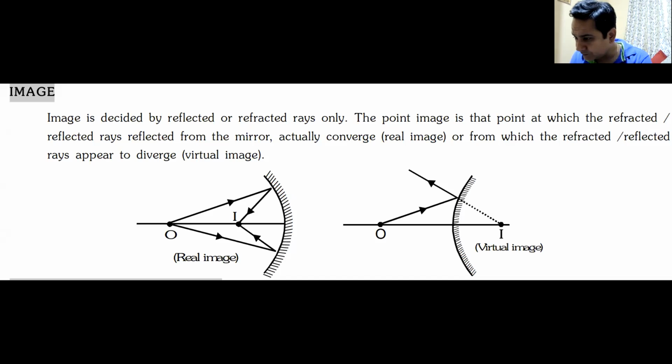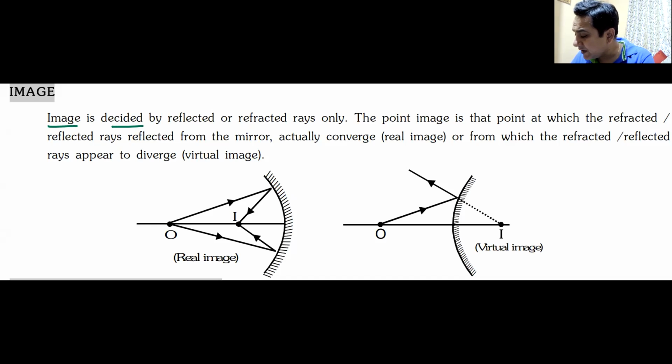Well, now we have understood what an object is. Now it's time for us to understand what an image is. We said that an object is defined by the incident ray. Then how is the image decided?